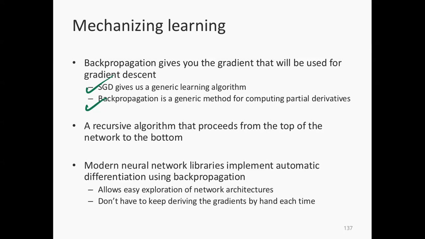PyTorch builds the computation graph on the fly as it goes through your code, interpreting it step by step. When you construct a loss, it just creates a computation graph for the loss. And when you say loss.backward, which is how you invoke backpropagation, it goes through that computation graph it has built internally in the reverse order.